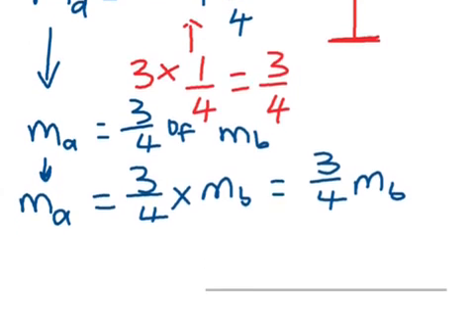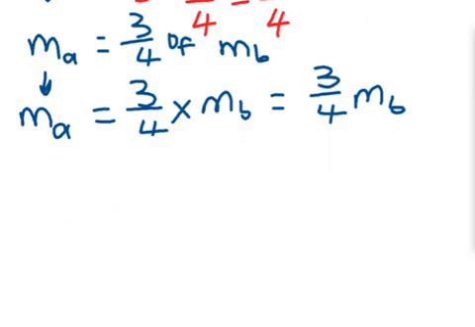So we say that the temperature rise, which is change in theta, is the same for both bodies, A and B.